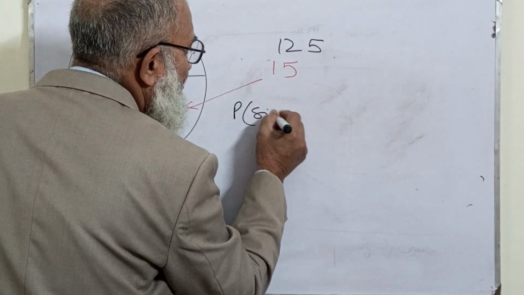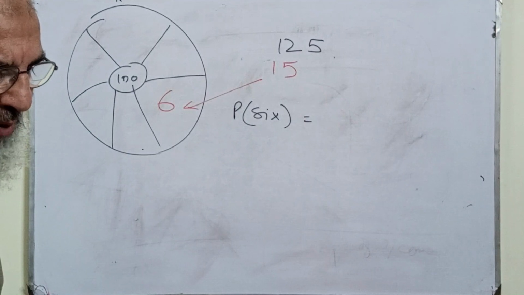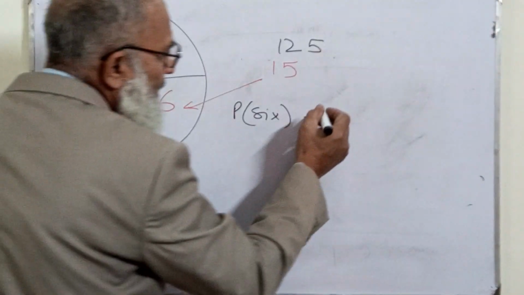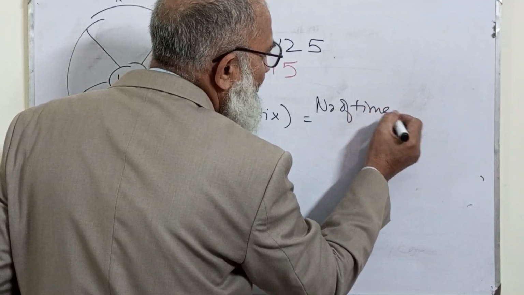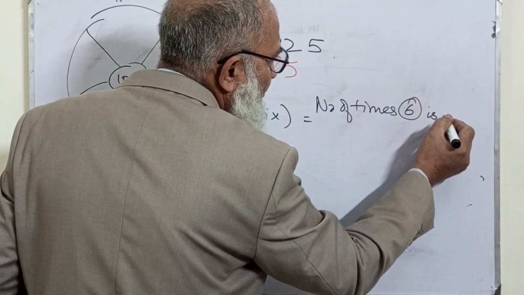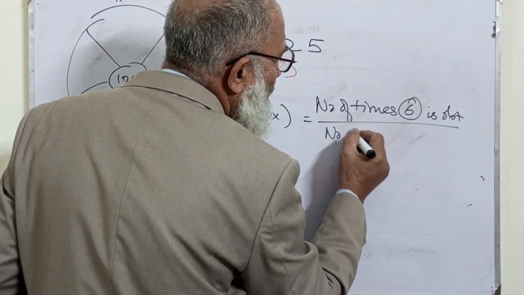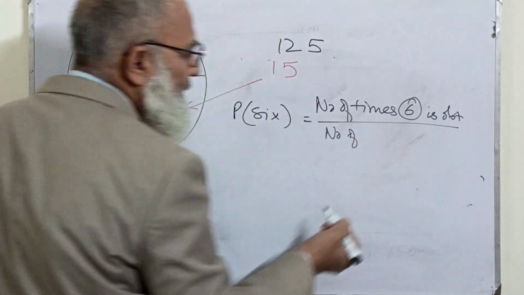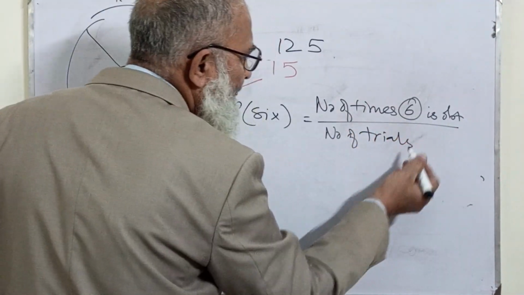Probability of 6 is equal to the number of times 6 is obtained divided by the number of total trials, or number of throws.